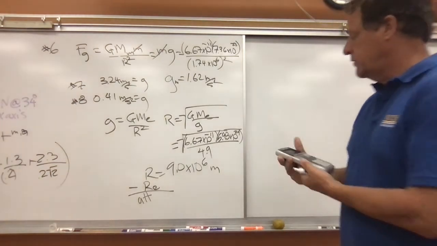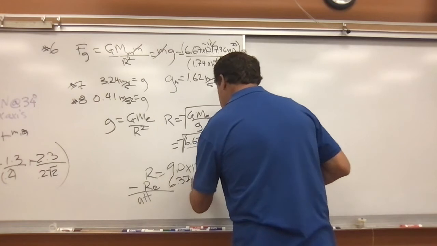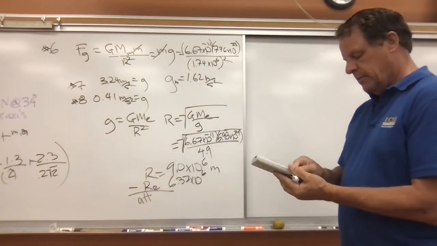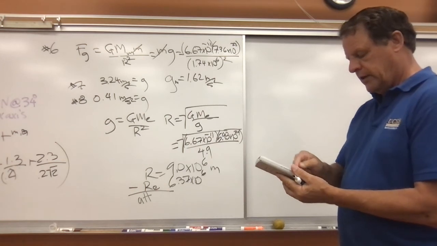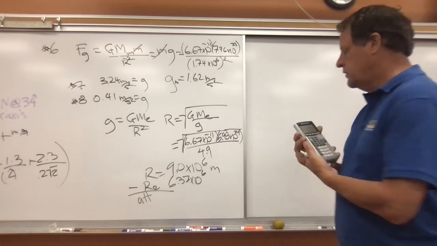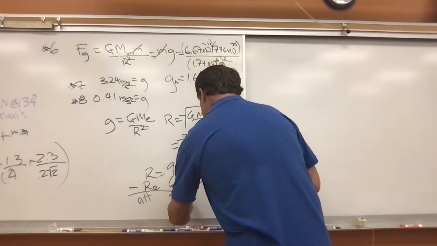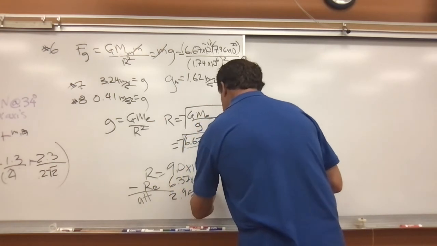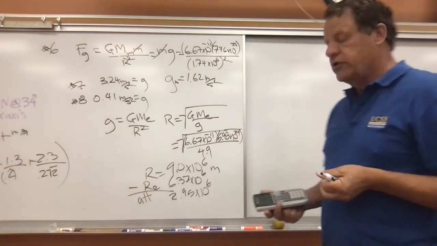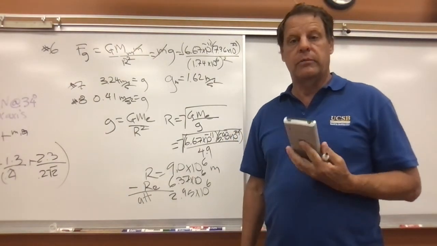So we're going to take this minus 6.37 times 10 to the 6th, which is going to be 2.95 times 10 to the 6th, which would be just a little bit less than 3,000,000 meters.